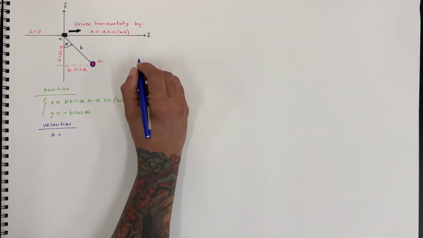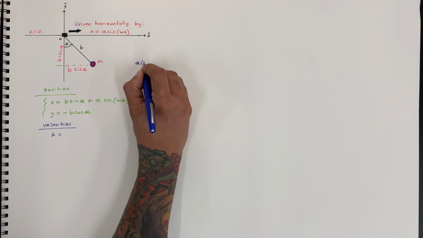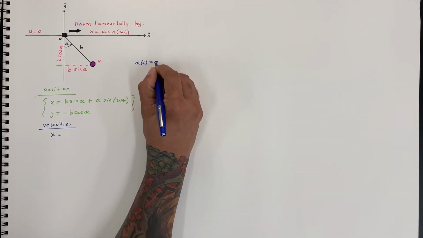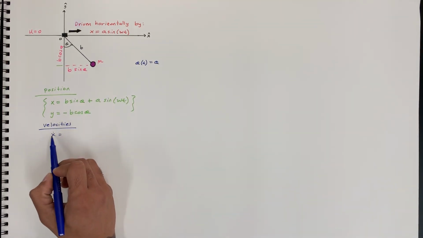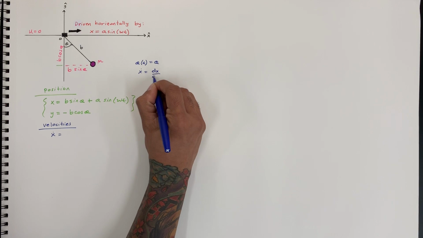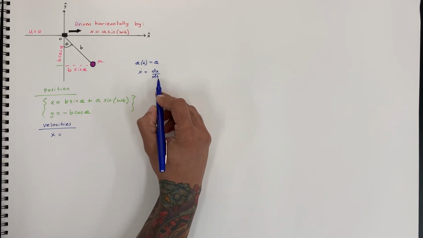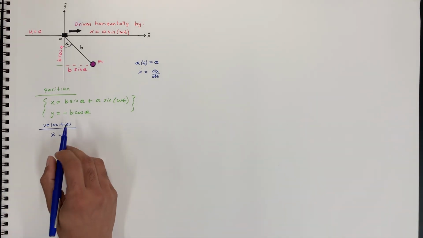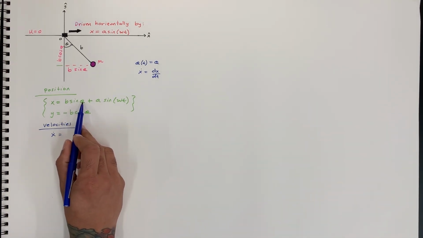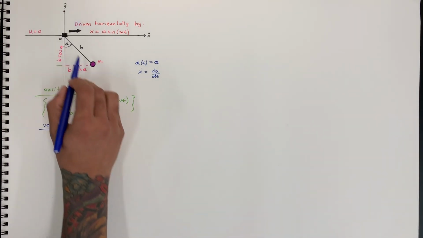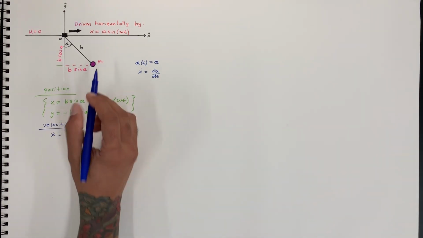As a side note, theta of t is a function of time, we're representing it as just theta, and x dot is the same thing as saying dx dt. So it's the derivative with respect to time. Our first term here has a theta, which is a function of time, and b stays the same because the length of the pendulum doesn't change.